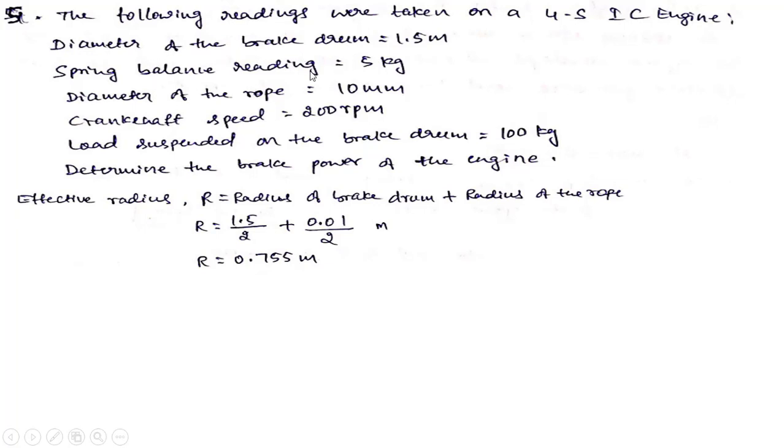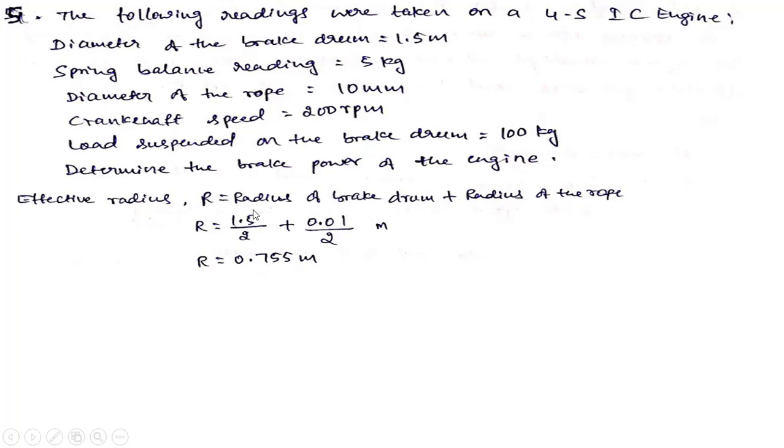But in some problems they will mention these two values for diameter and two values for load. So when you are taking that effective radius R value to calculate the torque, the radius of the brake drum plus the radius of the rope has to be added.